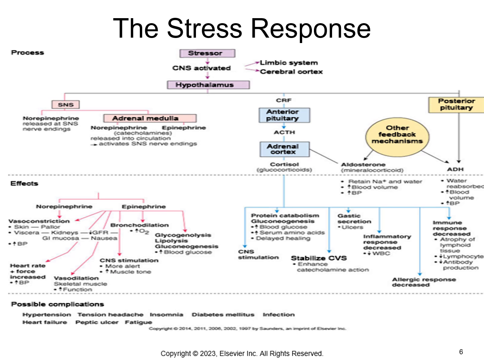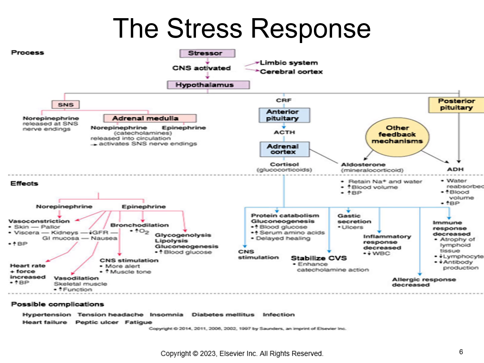It can cause a delay in healing. So that's one of the disadvantages of it. But it also can help stabilize the cardiovascular system, and it can enhance the actions of norepinephrine and epinephrine. And we'll talk about that a little bit more when we get towards the posterior pituitary gland.